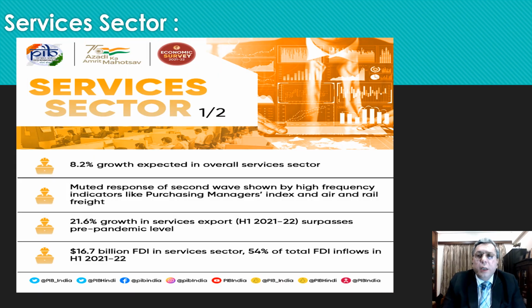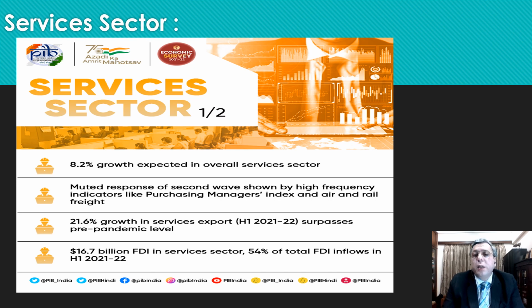So looking a little deeper into the services sector, 8.2% growth is expected in the overall services sector this year. Muted response of the second wave is shown by high frequency indicators like the PMI index and the air and rail freight. 21% growth in services exports in the first half of this year surpasses the pre-pandemic level.